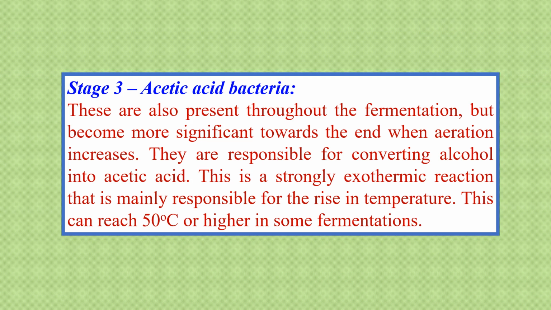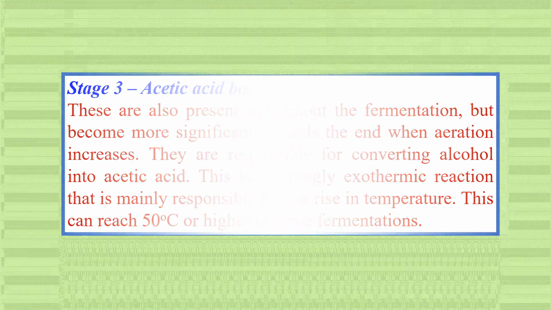They are responsible for converting alcohol into acetic acid. This is a strongly exothermic reaction that is mainly responsible for the rise in temperature. This can reach 50 degrees Celsius or higher in some fermentations.